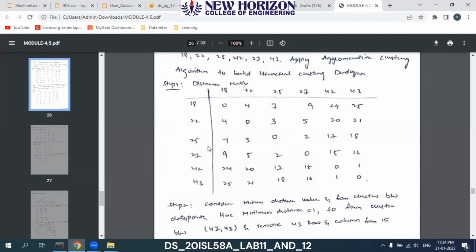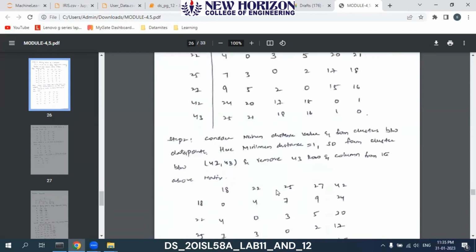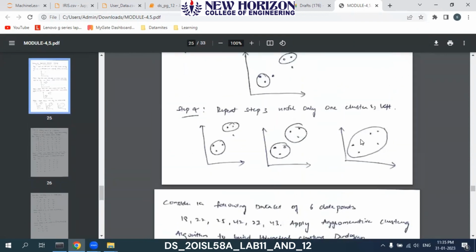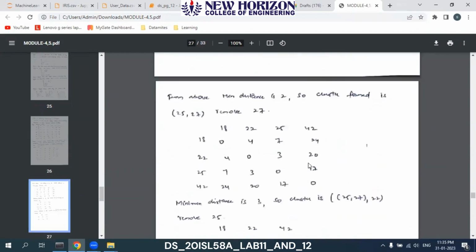If 2 is there, 25, 27 can form one cluster, and you can remove that particular column also. Then you consider the next one, which is 3, for 25 as well as 22. There is no 25 as such because 25 is already grouped with 27, so that forms another cluster. We keep merging them and form one single cluster. That is what the diagram shows.